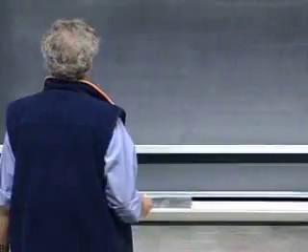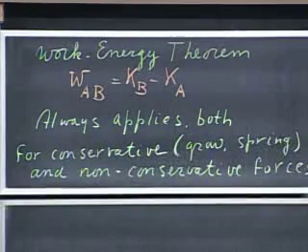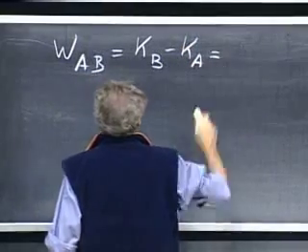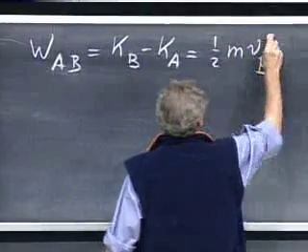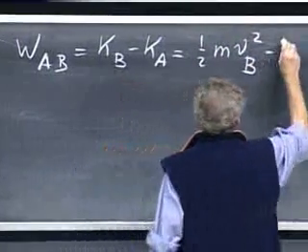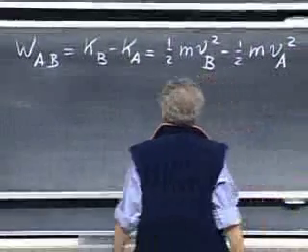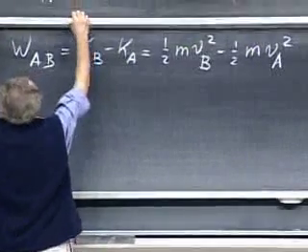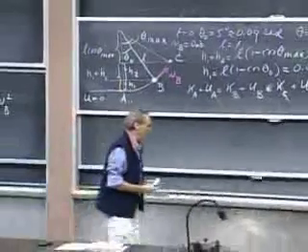The work energy theorem tells me that the work done on that object, when the object moves from A to B, equals the kinetic energy at B minus the kinetic energy at A. That is 1/2 m VB squared minus 1/2 m VA squared. And how much work was done by gravity in going from A to B? Because gravity is the only force that does work. The tension is not doing any work.